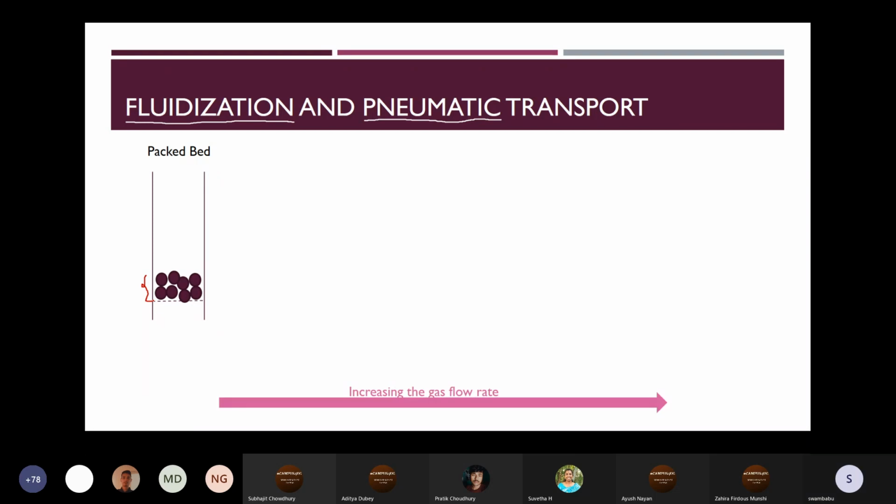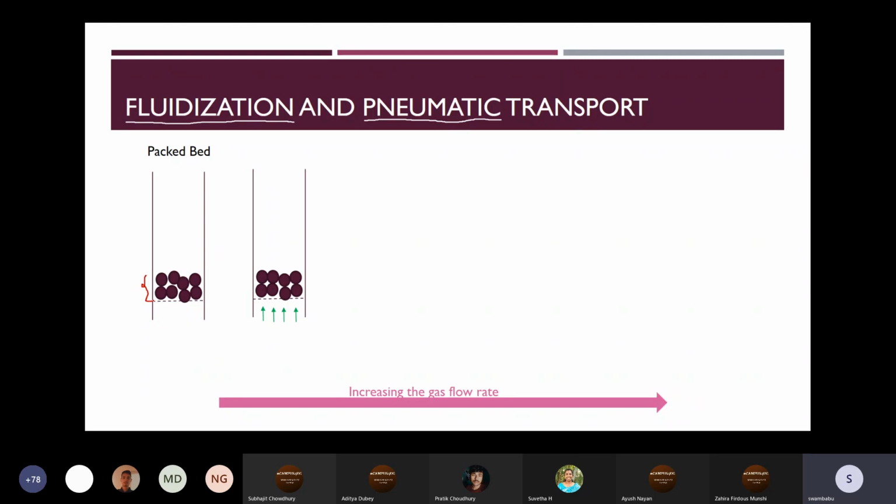Let's say we are introducing a gas at a certain velocity through this bed. Here I show a set of diagrams where the velocity or flow rate of the gas increases as it progresses.